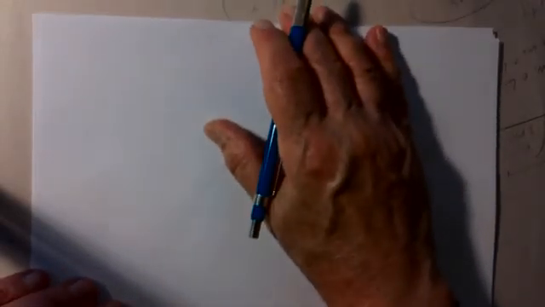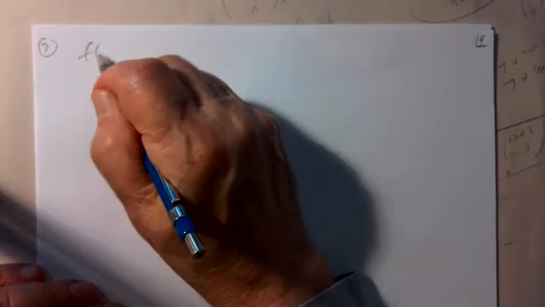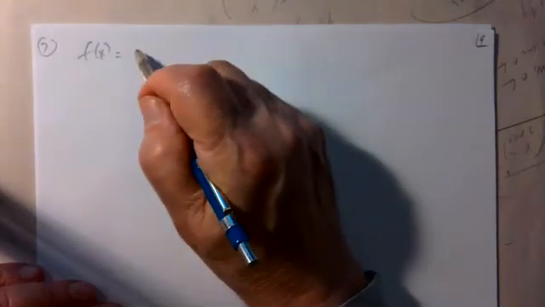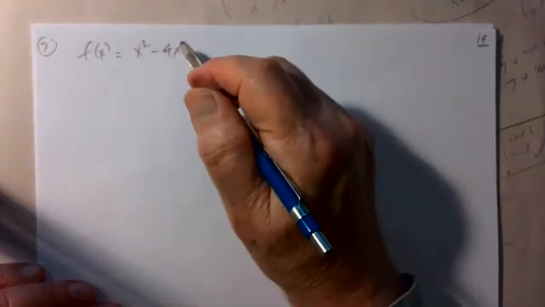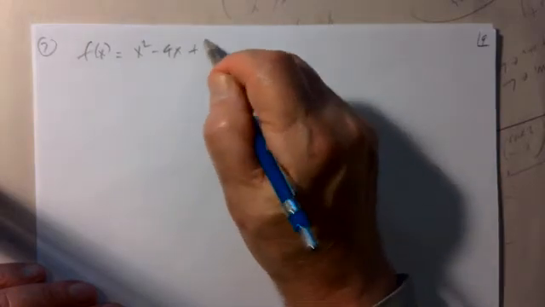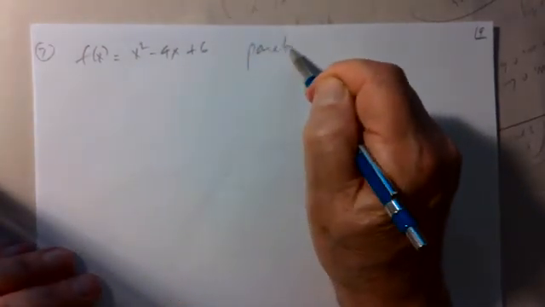Problem 7 is a refinement of this. In problem 7, we have the function f of x equals x squared minus 4x plus 6. So you know this is a parabola.